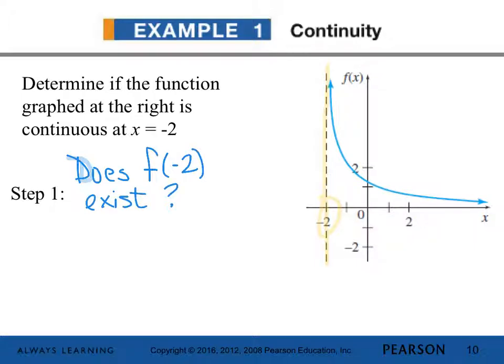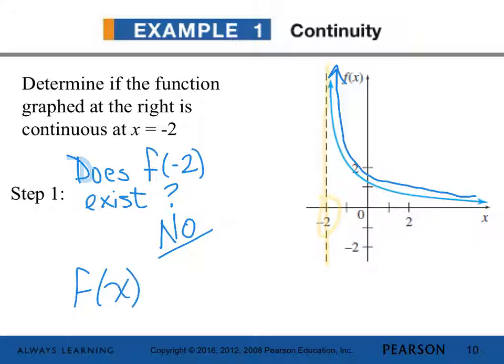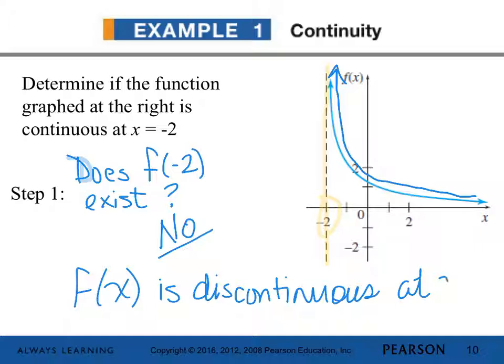Well, we see that what happens is that our line clearly approaches -2, but it never actually reaches it, which is why it's always climbing ever closer. So the answer to this question then is no. f of x is discontinuous at x equals -2.